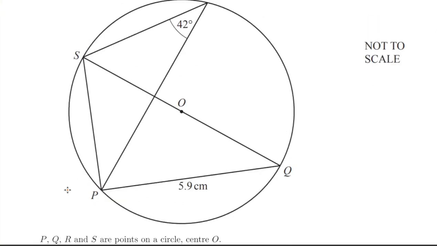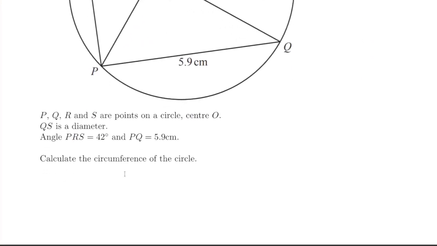Next, question B. Calculate the circumference of the circle. To find the circumference of a circle, we are going to use this formula. Circumference is equal to 2 times pi times r, or circumference is equal to pi times d, which is the diameter.